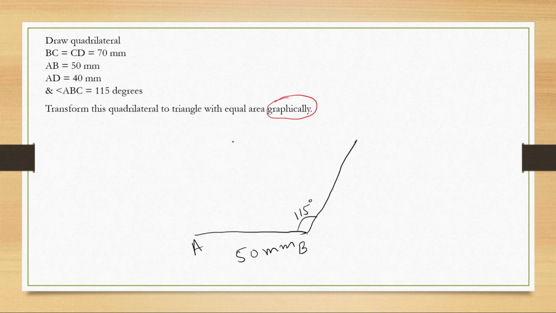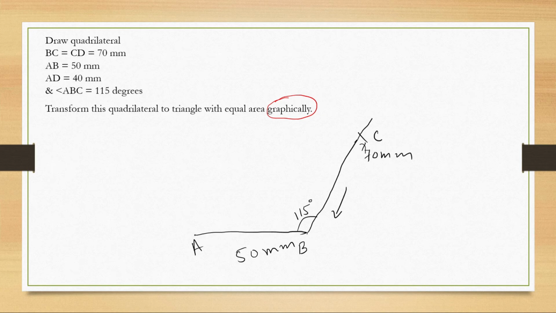So BC is around 70 mm here, like here to there, 70 mm. You should actually write it in the center. It's okay. It's just a diagram.